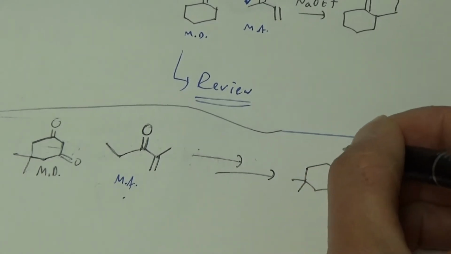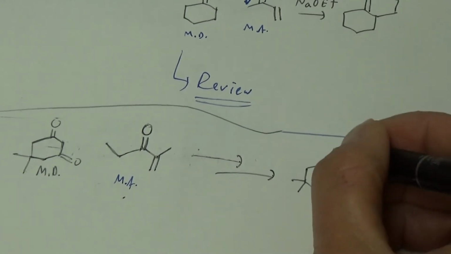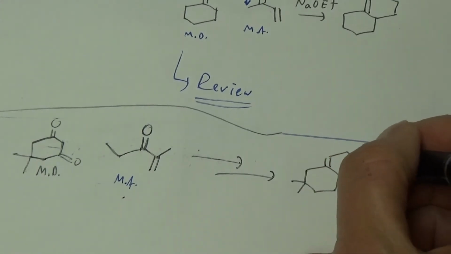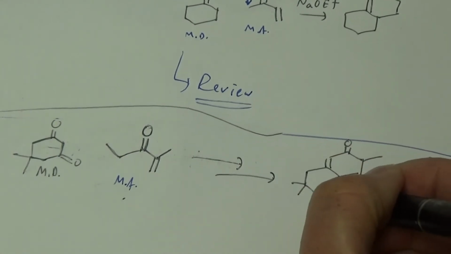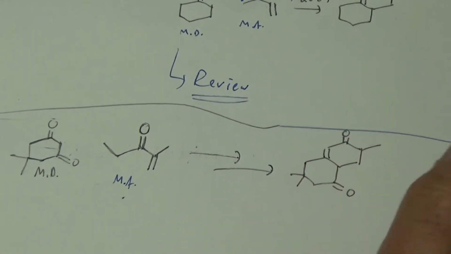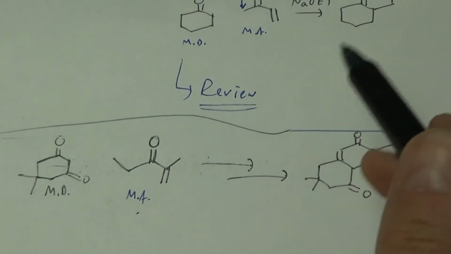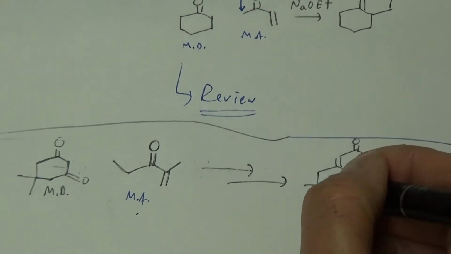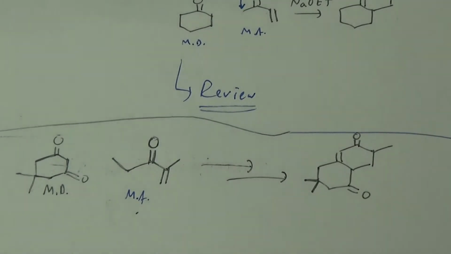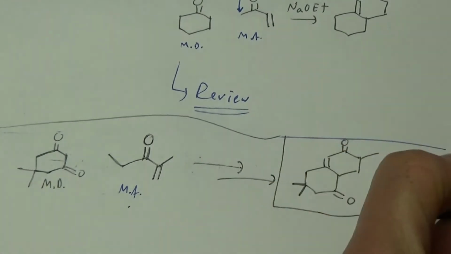Methyl, methyl, alkene, ketone, ketone. Alright, so we're going to go through those 4 steps: the Michael, proton transfer, and the aldol, and the dehydration. Okay, let's do it.